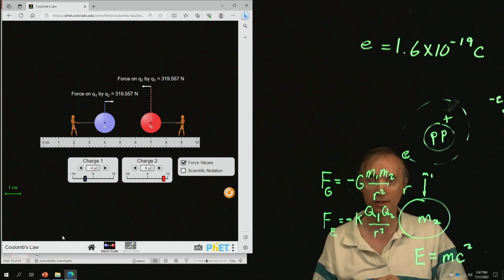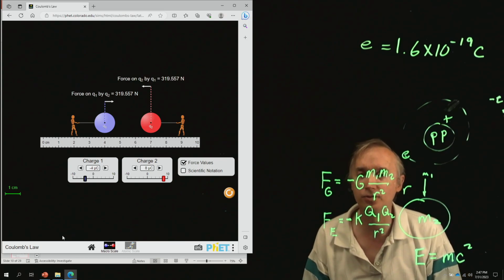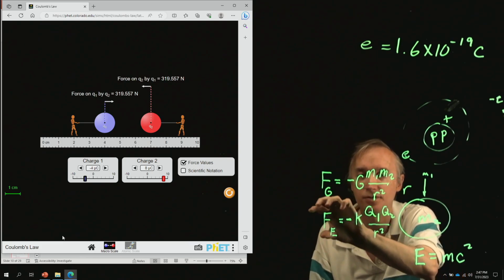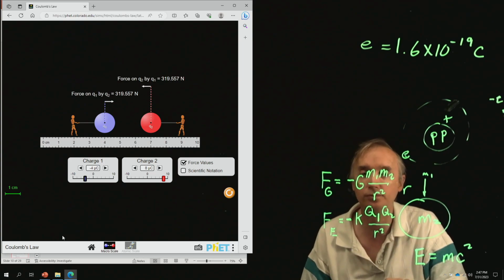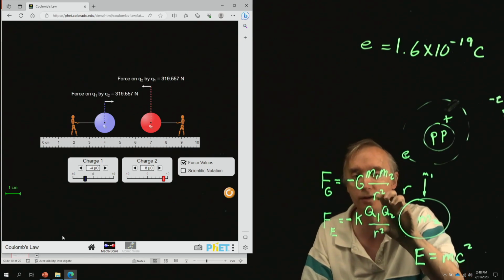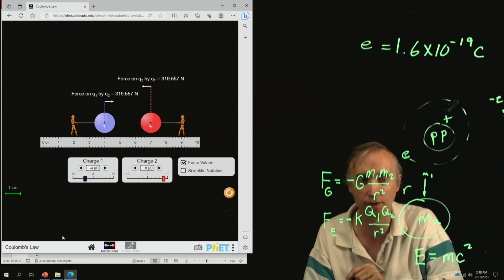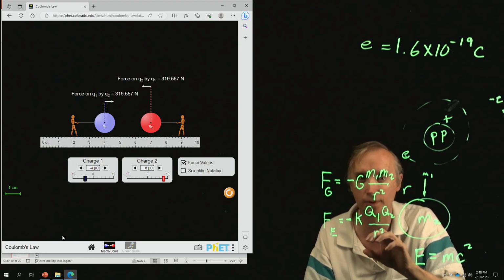So find that simulation for me. All right. So what I want to do with this simulation is verify this formula right here. So in lab, we're actually going to be able to come up with a formula like this just by using the simulation. But I just want you to see some general things about it.